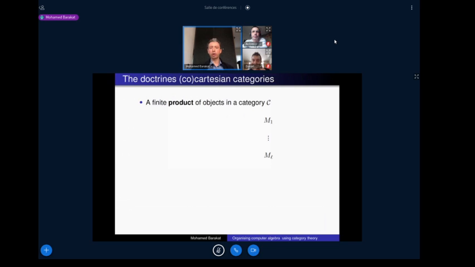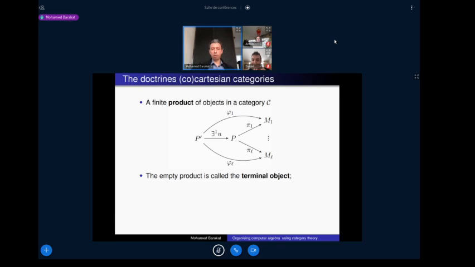A finite product of objects M1 till ML in a category C is an object P together with morphisms pi1 till pi L, exactly like with kernels, you have the relation with other competitors, such that for any other competitor P prime, also with morphisms phi1 till phi L competing with pi1 till pi L, there is a unique morphism from P prime to P.